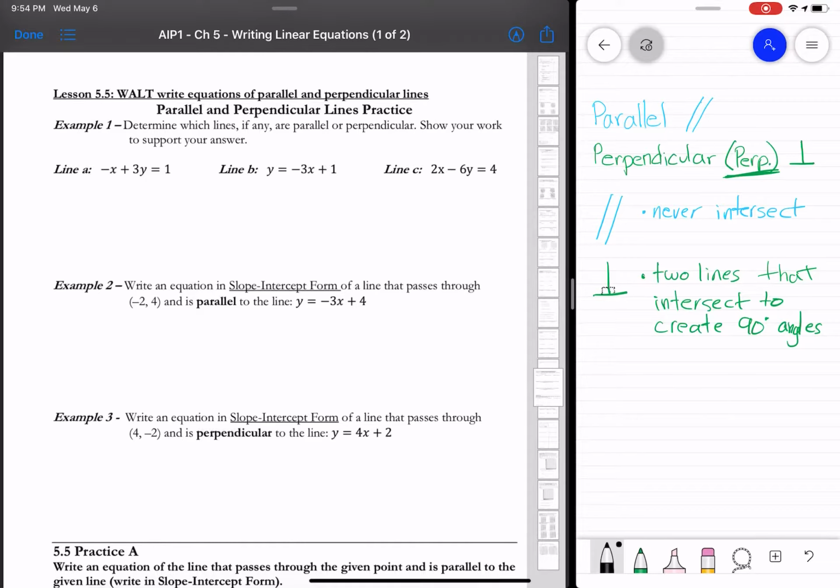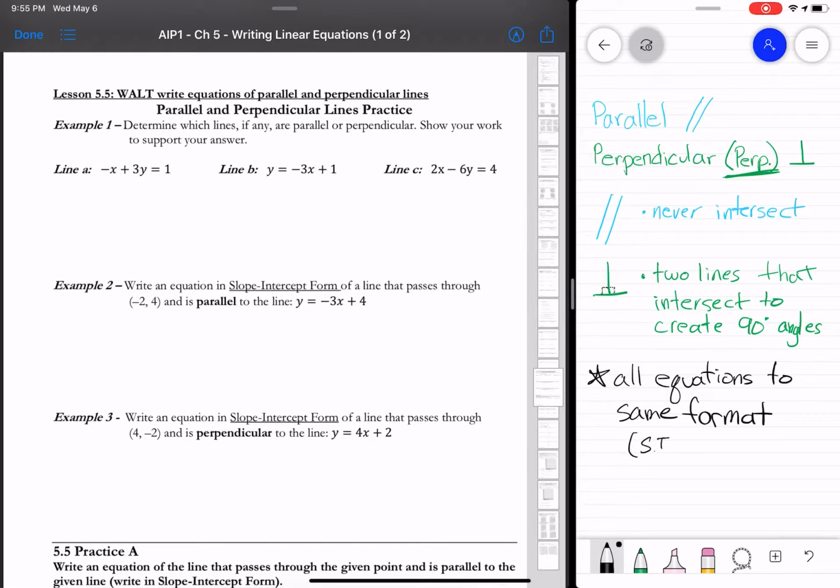Now what we're going to focus on is looking at equations and seeing if they are parallel, if they're perpendicular to each other, right? But first things first, we want to get all equations to the same format. So what we want to actually work with is slope-intercept form.